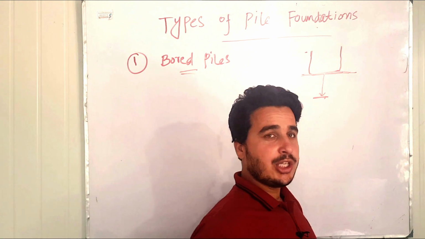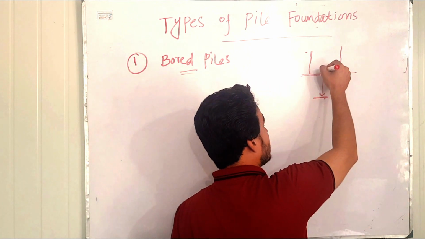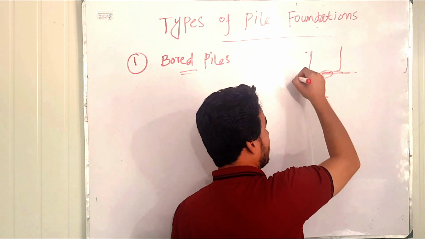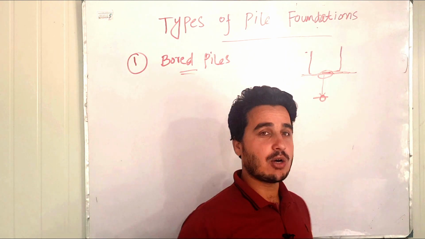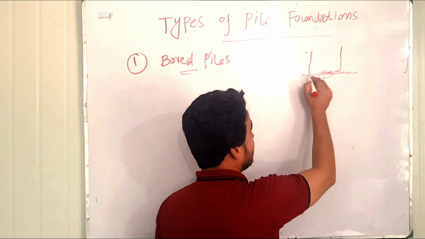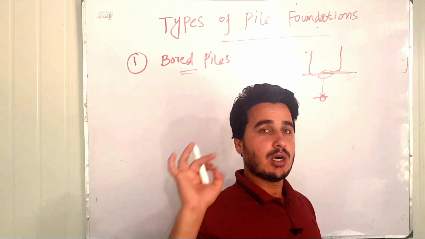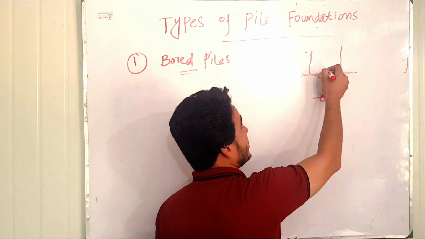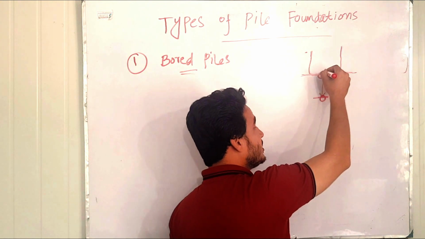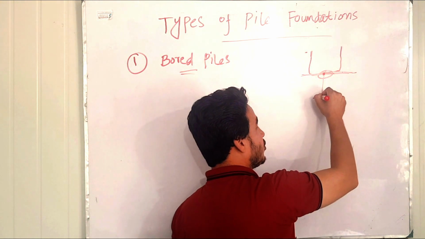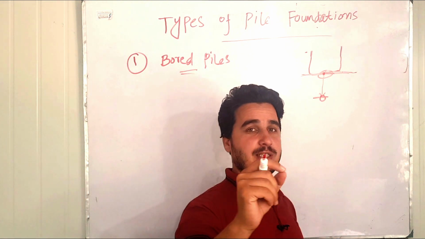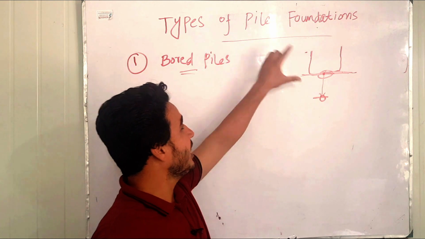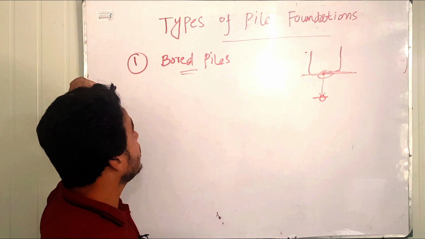Then we need to transfer the load of this building to that place instead of this strata, because this strata is going to settle down after some time, and the reason is that this strata has no power. I'll call the bearing capacity the power to sustain the structure. So to transfer this load from this point to this point, we use the foundation known as pile foundation.